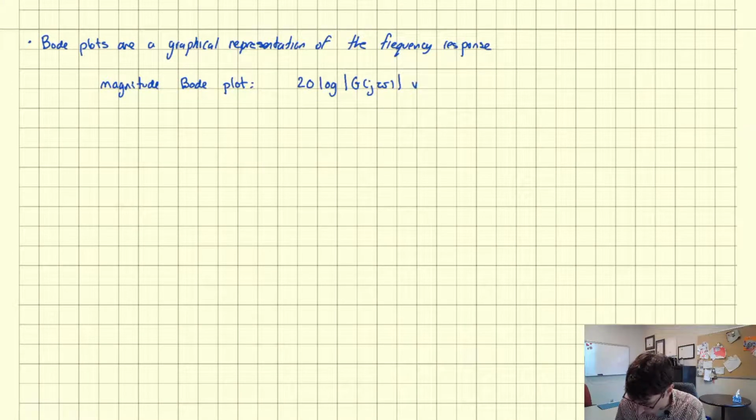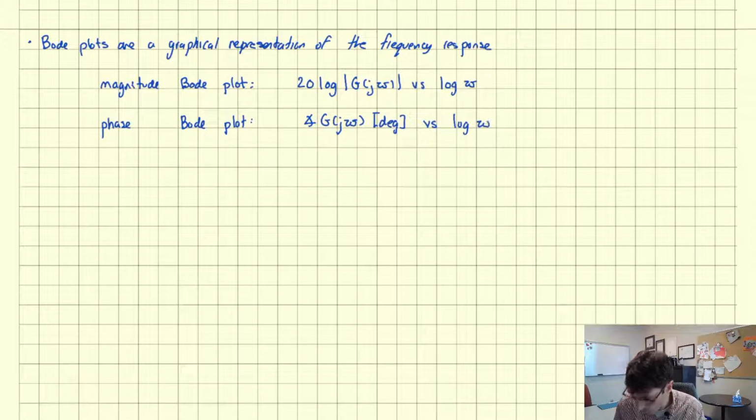You write it in this funny unit, decibels, and typically you use a log scale for the frequency, base 10. And there's a phase Bode plot, and that is typically just the angle in degrees, also with a log scale for the frequency.